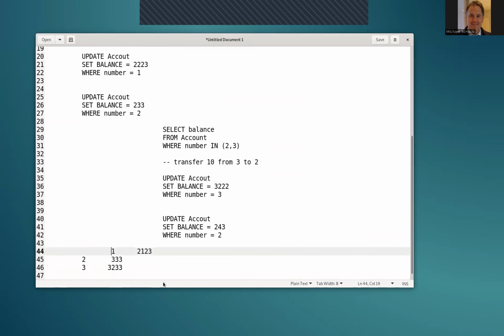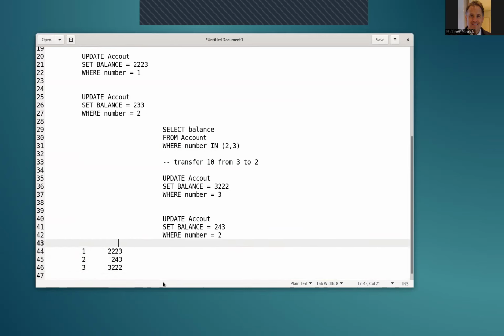I can just look at it and say, okay, it's going to be 2, 2, 2, 3, and it's going to be 2, 3, 3, and then for the other one, it's going to be 3, 2, 2, and it's going to be 2, 4, 3, right? So this is the ending balance.